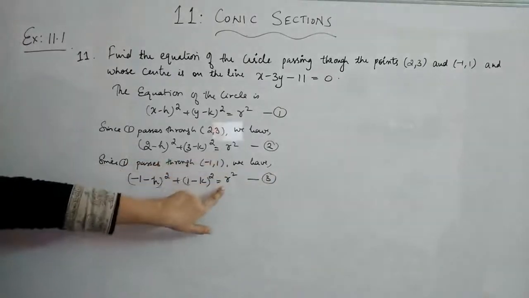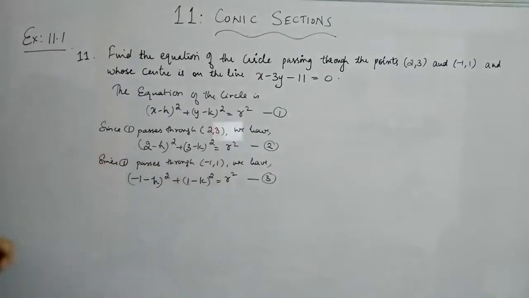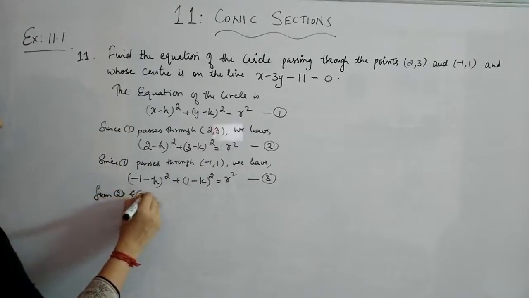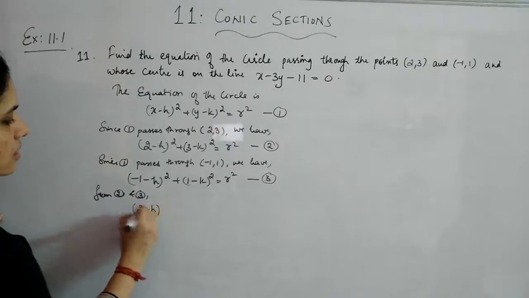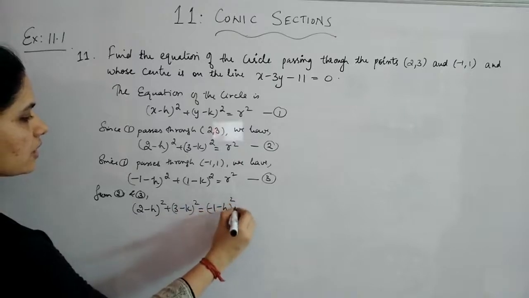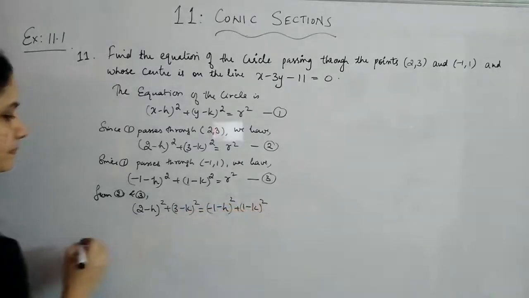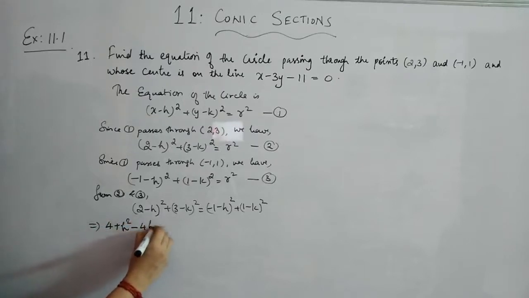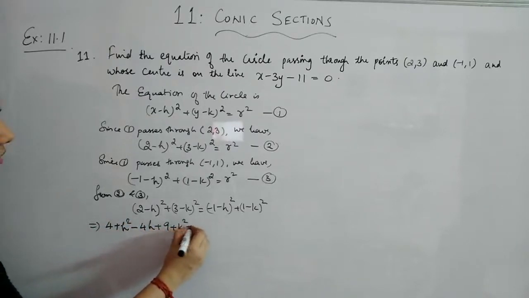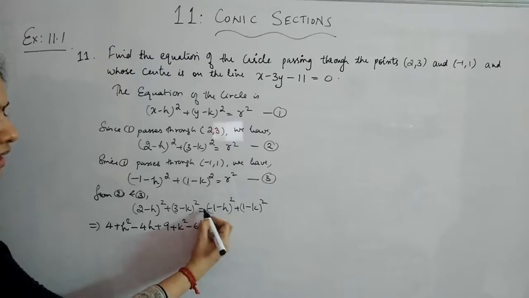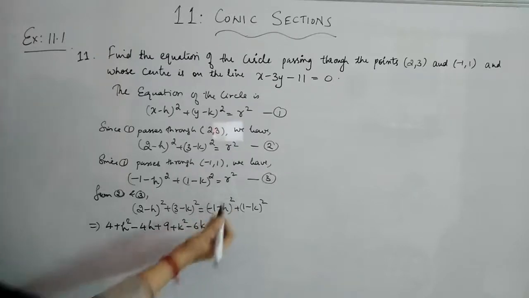Now both right hand sides are r², so we can equate the LHS of 2 and 3. From equation number 2 and 3 you will get (2 - h)² + (3 - k)² = (-1 - h)² + (1 - k)², which after simplification gives 4 + h² - 4h + 9 + k² - 6k equals, this is negative, you can take out so that it becomes (1 + h)², and negative squared gives positive.